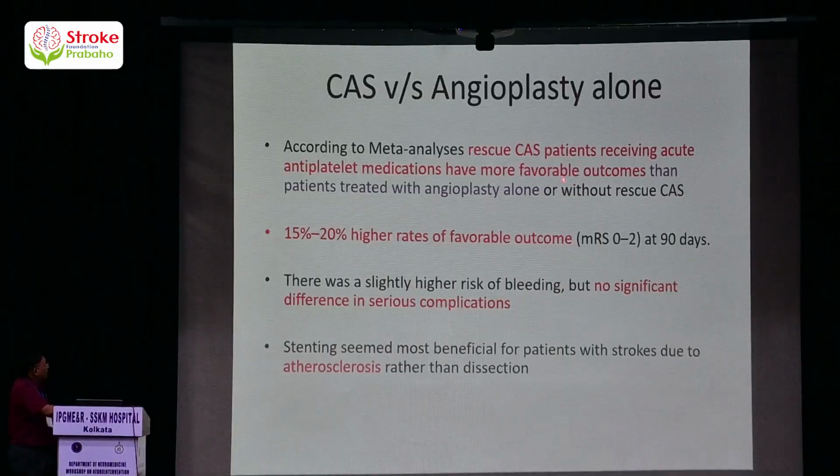Rescue carotid stenting in patients receiving acute antiplatelet medication has a more favorable outcome. Compared to angioplasty, stenting is more favored, and there is no significant difference in serious complications between stenting and angioplasty. There is a 10 to 20% higher rate of favorable outcome if you do stenting rather than angioplasty alone.